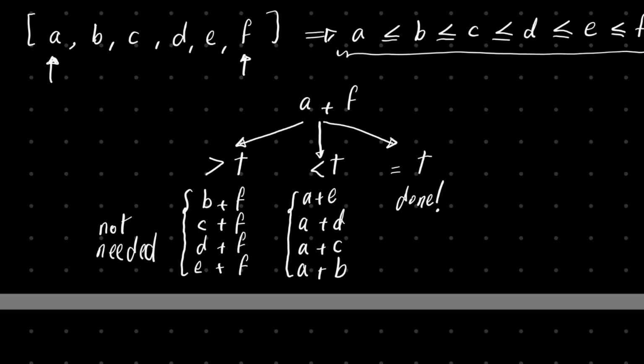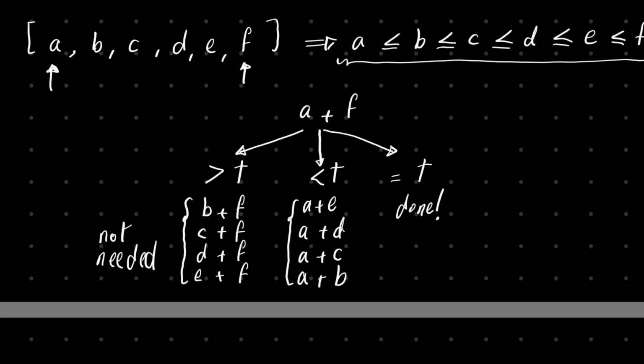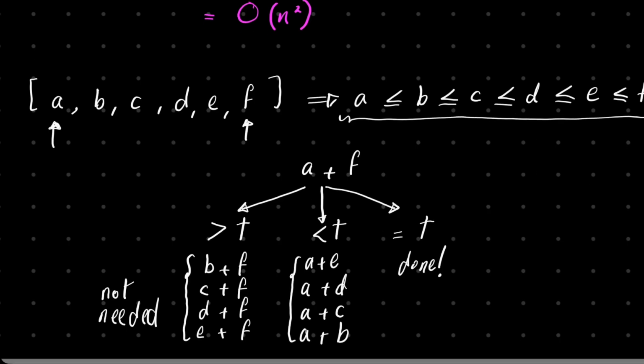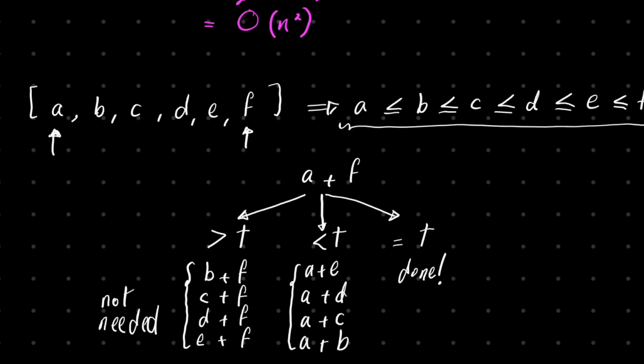You trim it, you trim it, you trim it. Either you lose somebody from the left or somebody from the right, until you end up finding the right pair. Okay? The problem here says there is a unique solution, and there exists a solution, so we know that we're going to find the pair at some point.